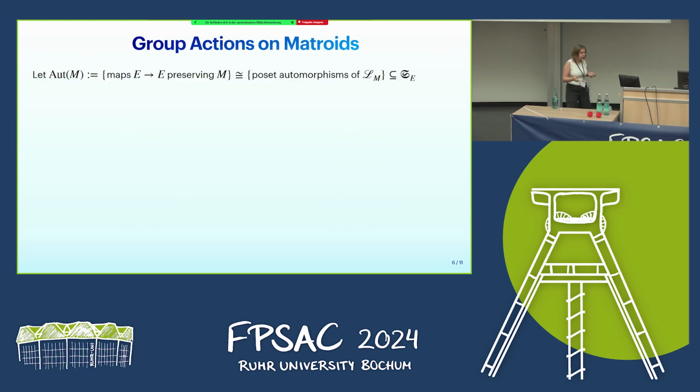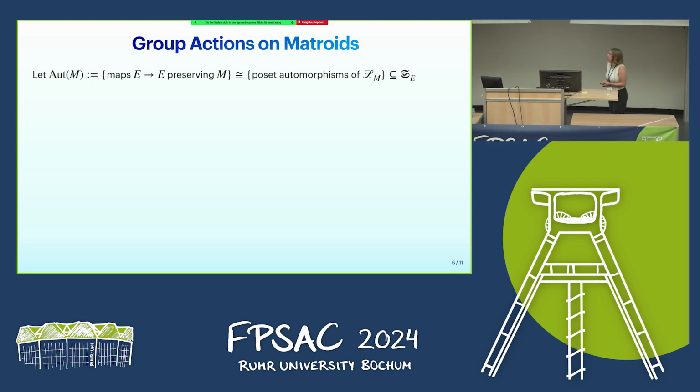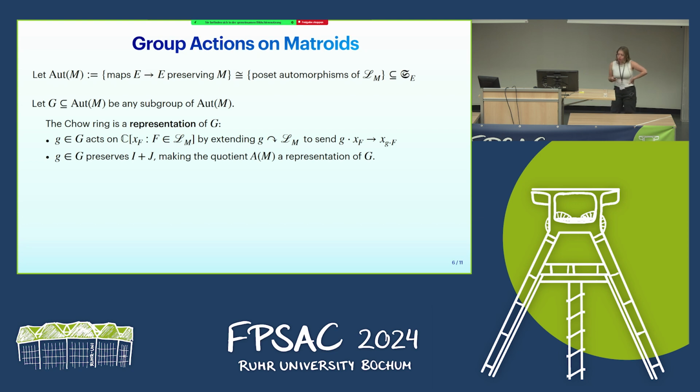So I want to act on my basis elements. I'm going to act on them by the automorphism group of the matroid. So we can think of it as poset automorphisms. We can extend this action on the flats onto the variables, right?